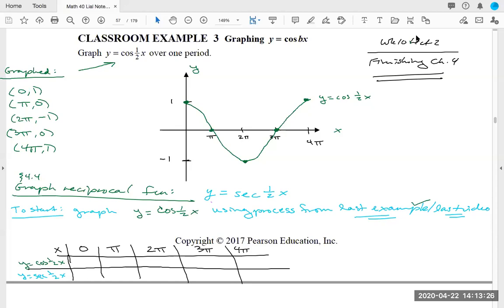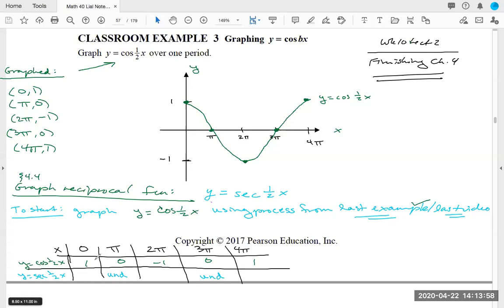Okay, we already plugged in what we should have here: 1, 0, -1, 0, 1. Here's your tip to save some time. Anywhere there would have been a 0, like a middle value for your cosine graph, you're going to have an asymptote, undefined, for your secant graph.